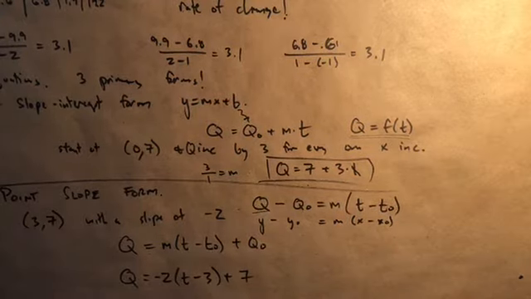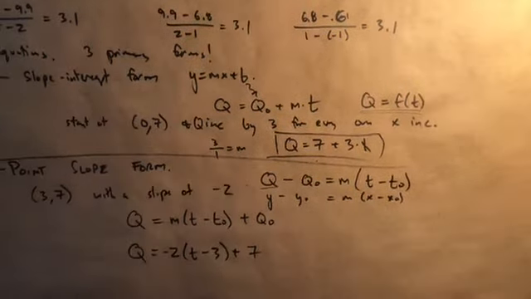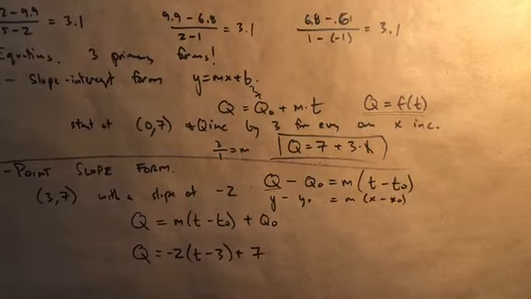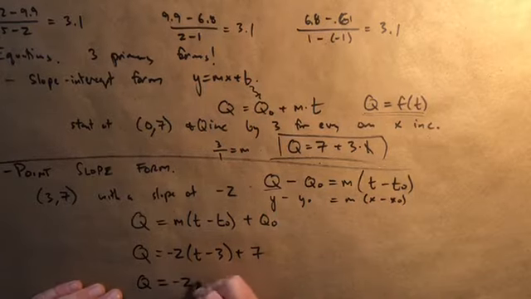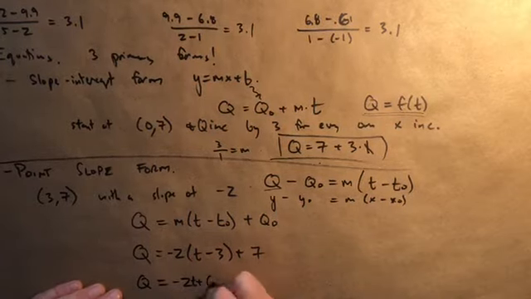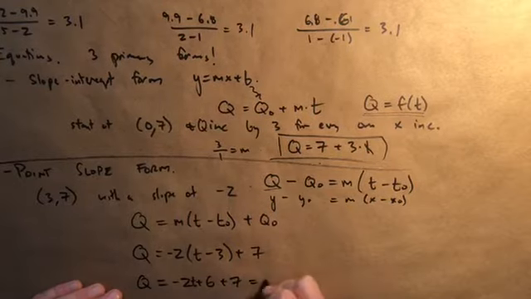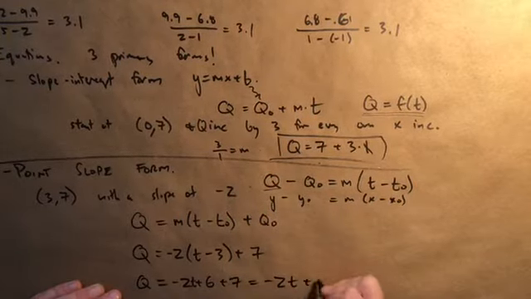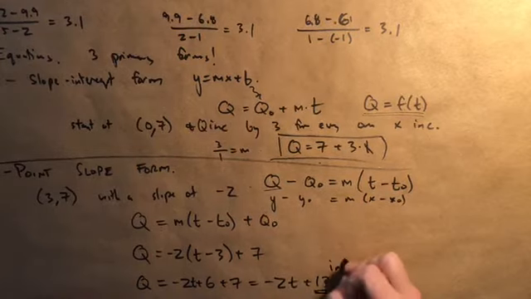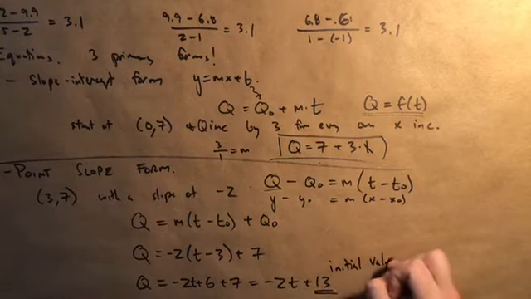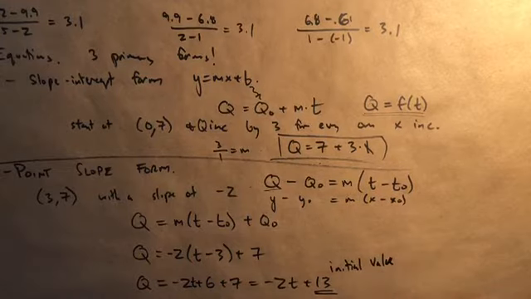If I did want to know that initial value or convert this into slope-intercept form, we could do that super easily by distributing through. q is equal to -2t plus 6 plus 7, and so -2t plus 13. And there we have our initial value, just like we would have with slope-intercept form.